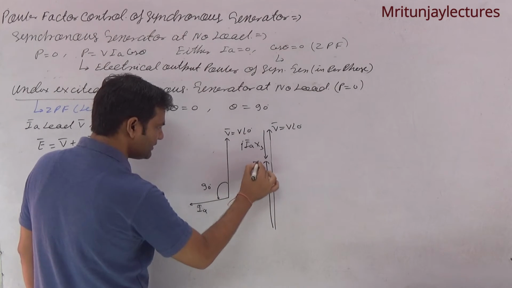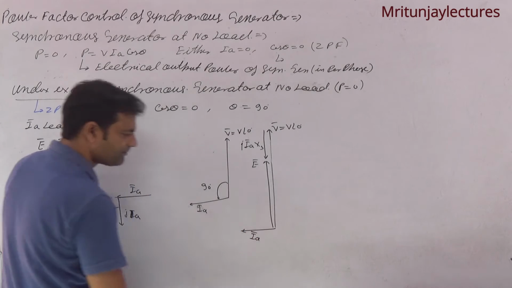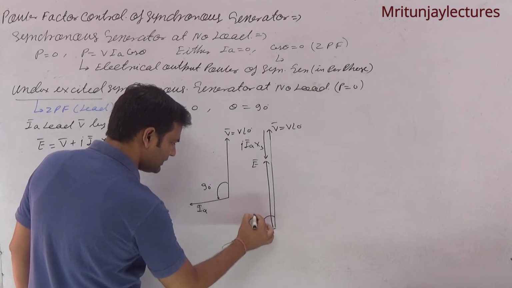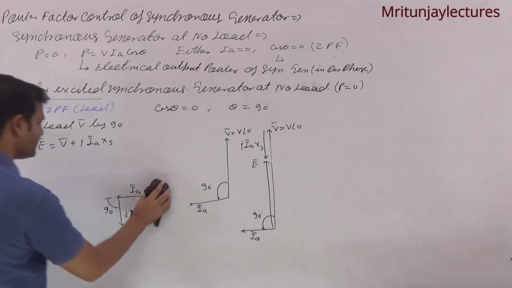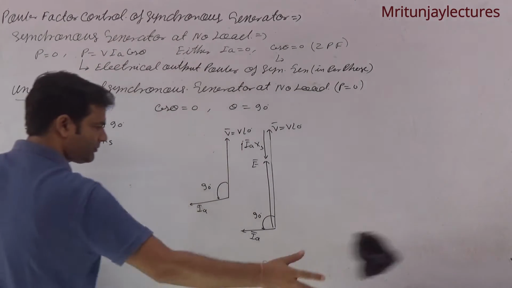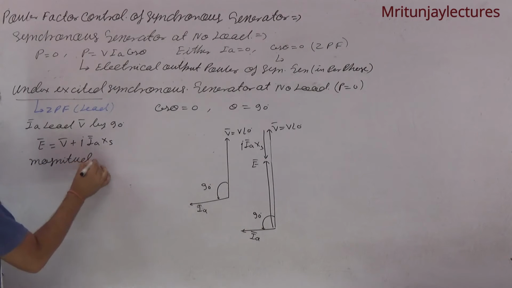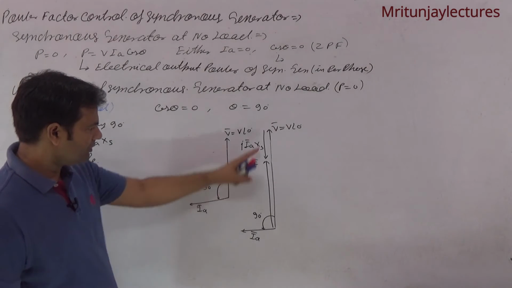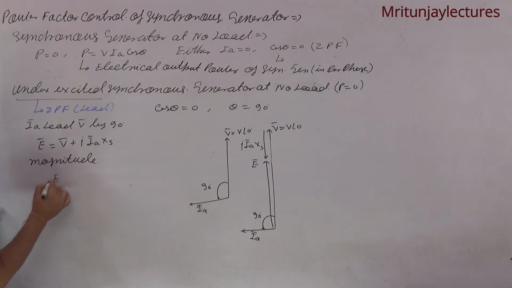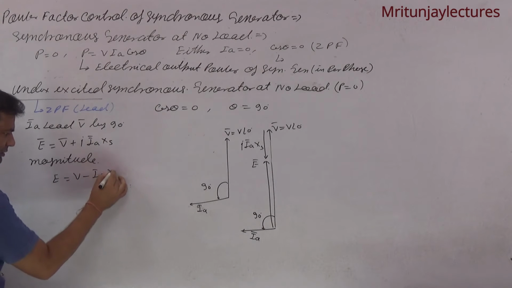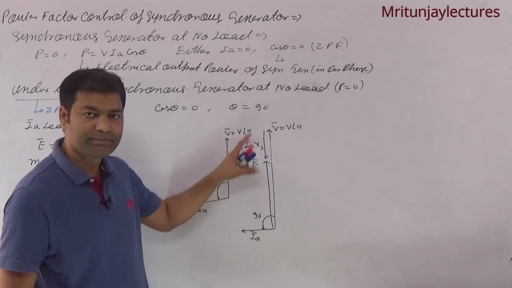So E represents here. Okay, and I A represents here, that is 90 degree lead. Okay, now in case of magnitude wise, E is written as V minus I A into X S. Okay, this value is equal to this minus this.